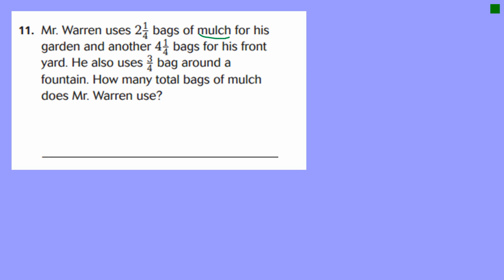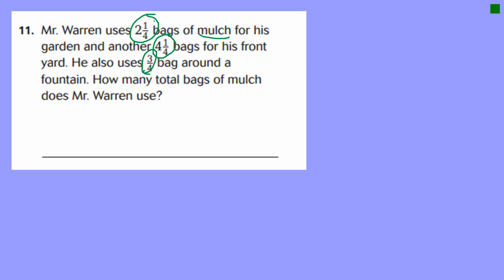Mr. Warren uses 2 1/4 bags of mulch for his garden and another 4 1/4 bags for his front yard. He also uses 3/4 bag around a fountain. How many bags of mulch does Mr. Warren use? Okay, so he uses mulch 3 times in his yard, doesn't he?